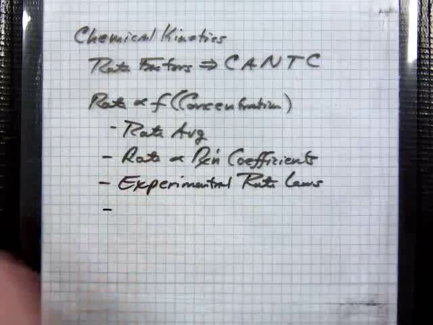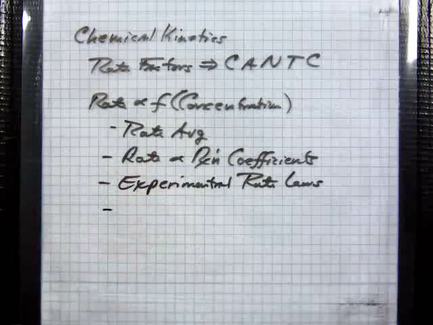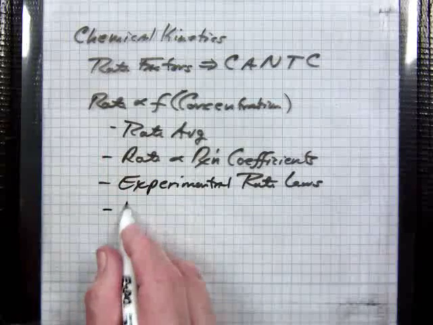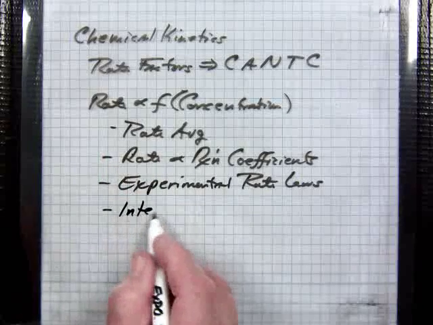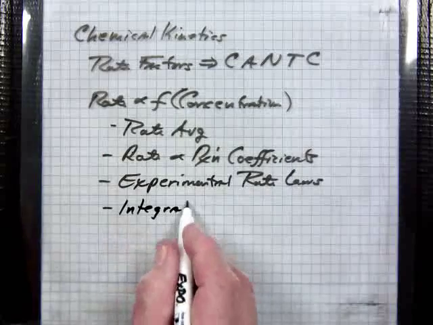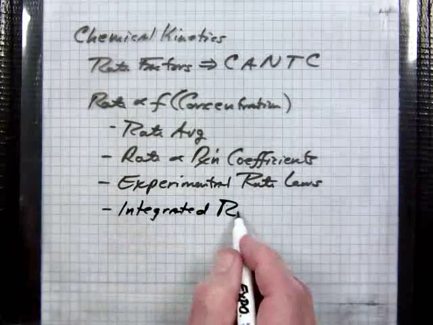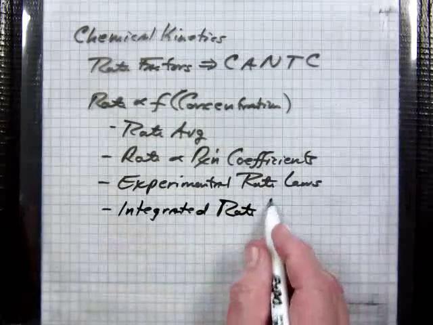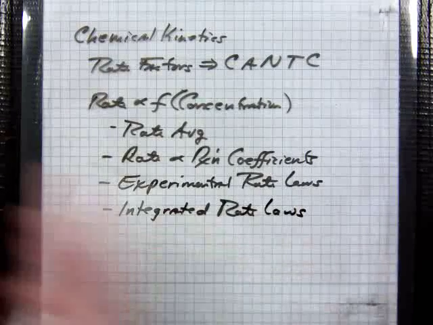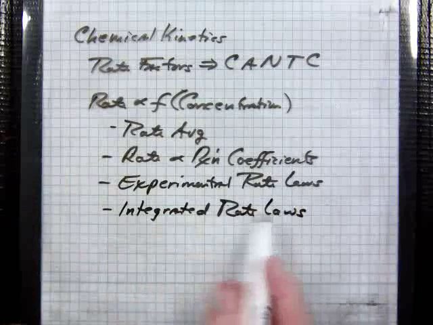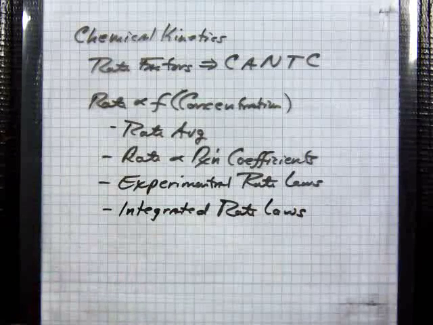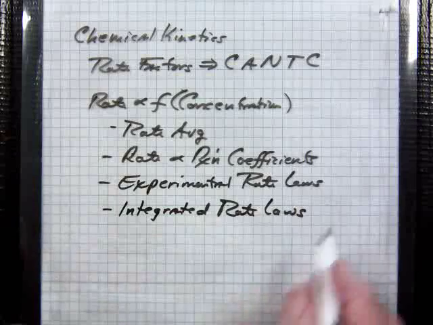And the fourth area that we look into is what we call integrated rate laws. Now, when we talk about integrated rate laws, we're talking about two factors involved in here.